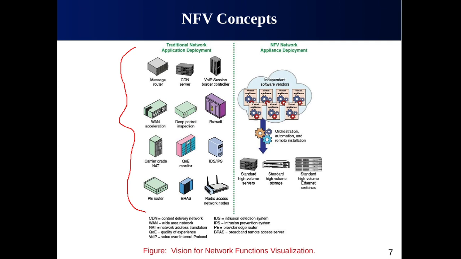So what happened in traditional networking, all these devices are deployed on proprietary software and proprietary hardware platforms. And each device requires additional hardware for increased capacity. So if you want to increase the capacity, you have to spend more money.